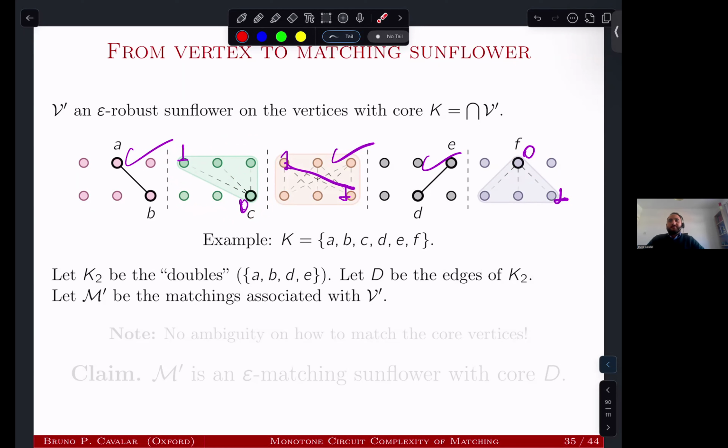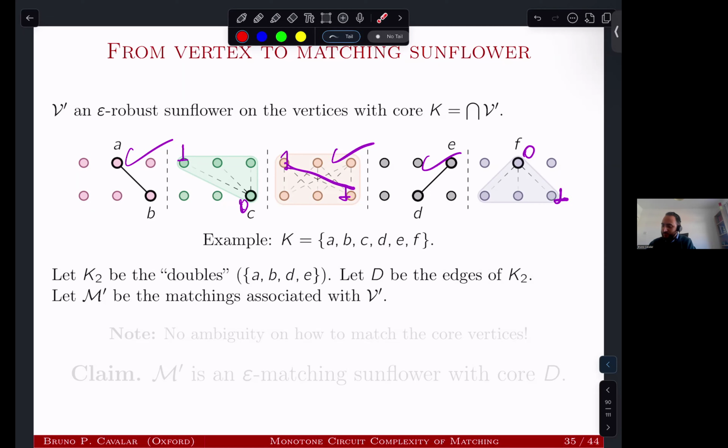I don't expect this to be super clear to everyone at this stage, but we may have some more time. I guess we get an overall picture of what's going on. You take this set of matchings, you find a blocky subfamily, you find a robust sunflower on it, and then you're going to have some core vertices.